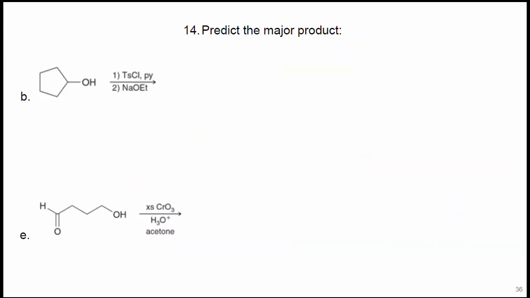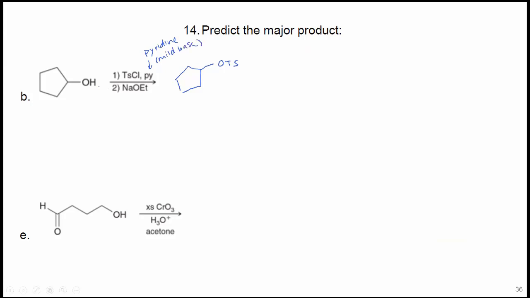All right, major products here. We have a secondary alcohol that gets added to tosyl chloride. Tosyl chloride is different than TMS. TMS is the protecting group. Tosyl chloride is the one that makes an alcohol a good leaving group. So that would be the first reagent. PY is pyridine, which is a mild base.